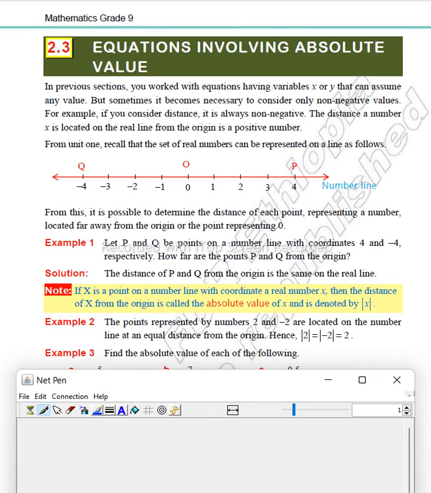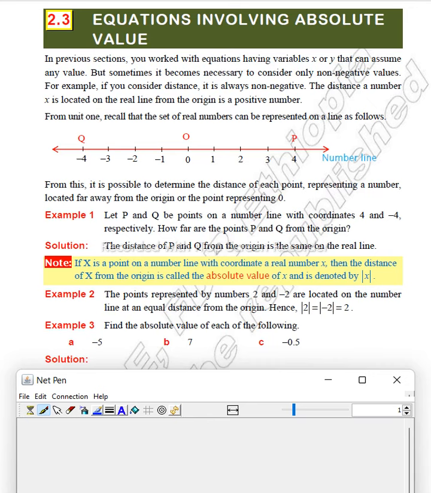How far are the points P and Q from the origin? Here we have the origin, 0. So the distance from O to P is 4. Again, the distance from O to Q is the same, 4, because when we measure from 0 to the left and 0 to the right, the distance is the same, which is 4. So the distance of P and Q from the origin is the same on a line.